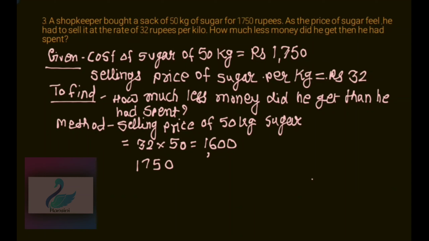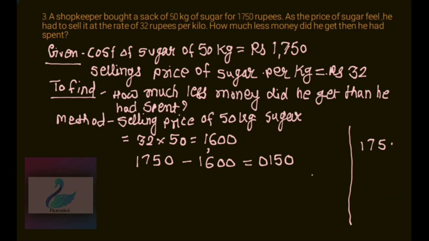So that is 1750 minus 1600. 1750 is the cost of the sugar for 50 kgs and he got 1600, so he got 150 rupees less. I will write the final answer as he got 150 rupees less.